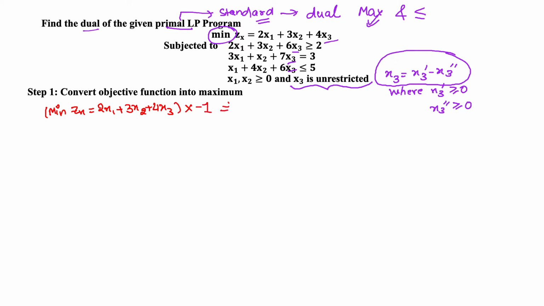So that will give me maximize Zx dash equals minus 2x1 minus 3x2 minus 4x3. That's my new objective function. And one more thing, we are going to put x3 as x3 dash minus x3 double dash.